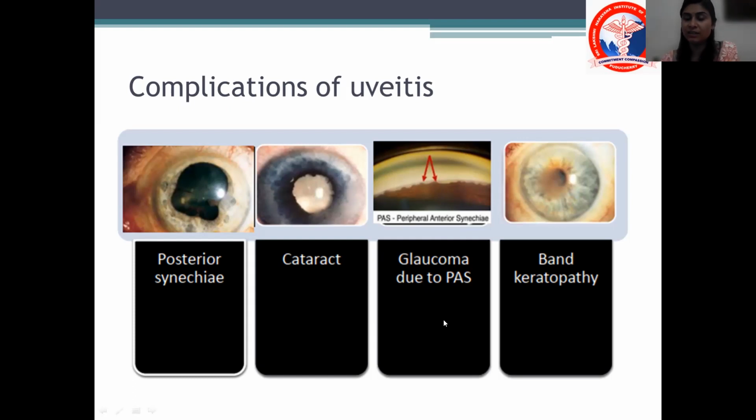It is decreased and it causes an increase in the IOP, hence the term glaucoma. And there is band-shaped keratopathy. On the cornea, there can be a band-shaped keratopathy, which is a common complication of uveitis.